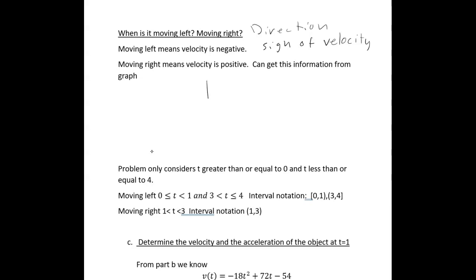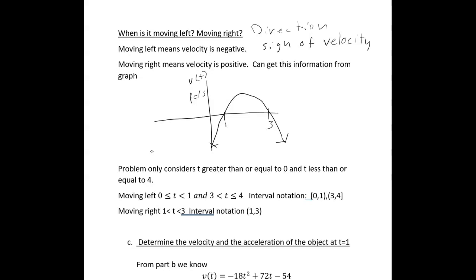So we had a graph of our velocity. It went something like this. That was a 1. That was a 3. Going up and turned around, came back down. Now, why is this graph helpful? This was our velocity function in feet per second. Well, a graph can show me the sign of the function right away.